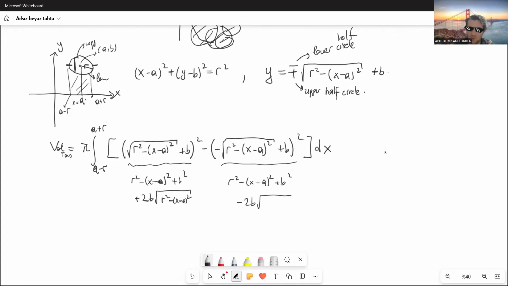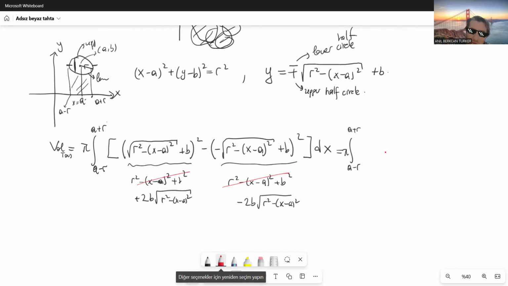They will be cancelled, so these ugly squares will be cancelled out. Minus a squared, not so much, because we have an extra minus here. So this will be a hard one, pi, a minus r, a plus r. But I'm going to leave it as an exercise. Okay, this will be cancelled, and we will have 4b times the square root of r squared minus x minus a squared dx.